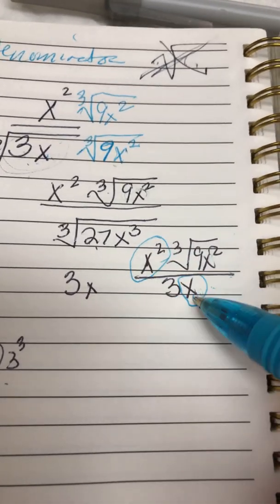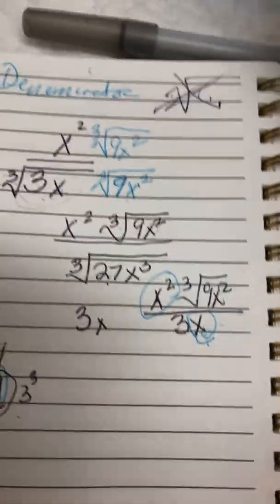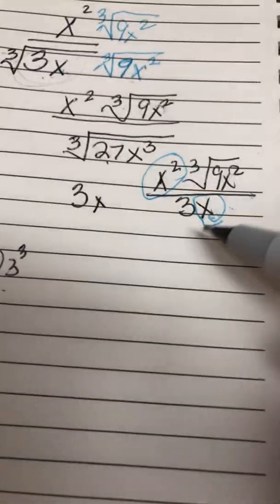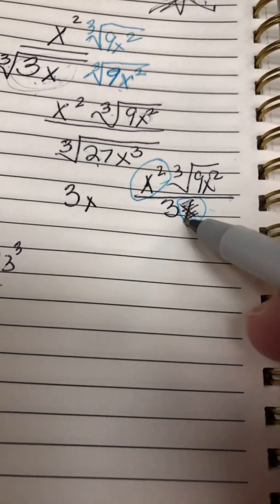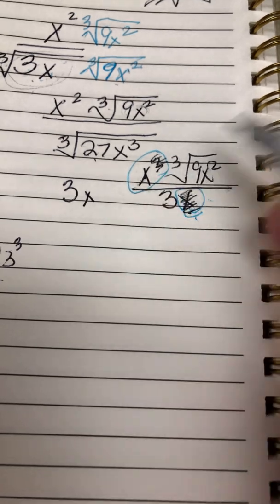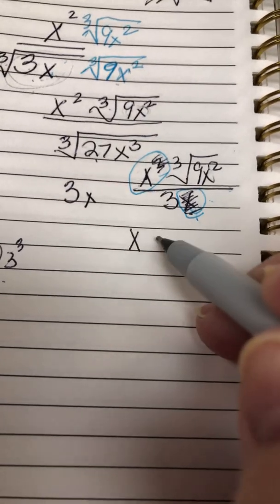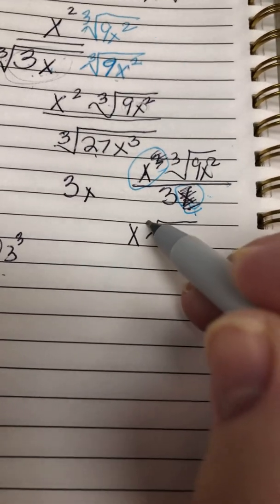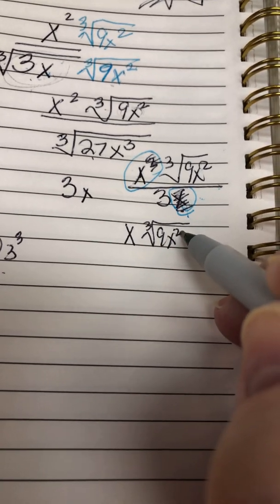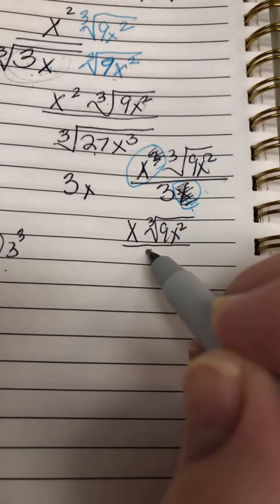But since these are not inside the radical, we can do our normal simplifying where you subtract the exponents and so forth. So if we get rid of this x, which is just getting rid of one x, and we get rid of one of them up here, we only have one left. So then we have x times the cube root of 9x squared over 3.